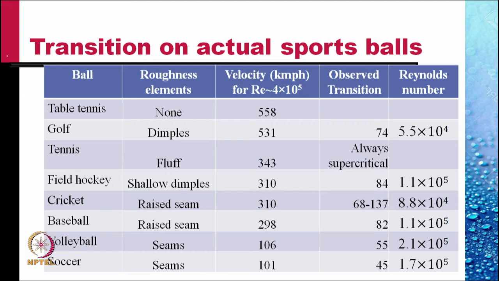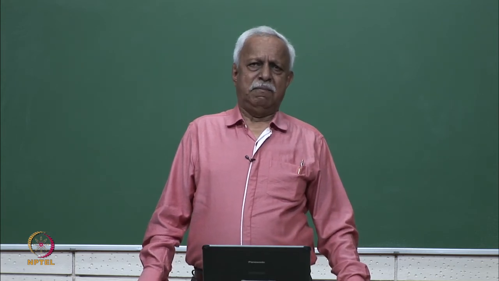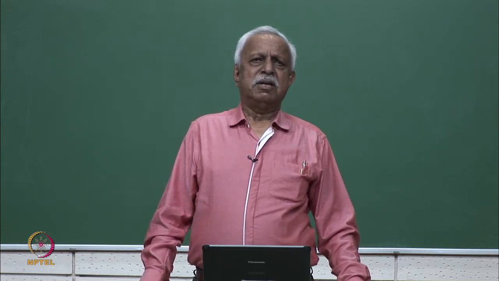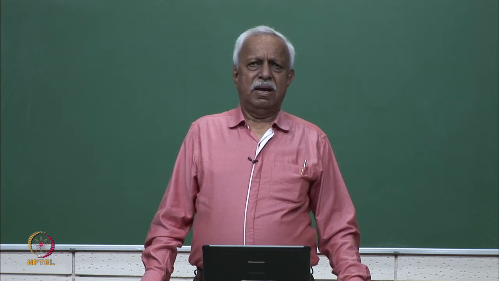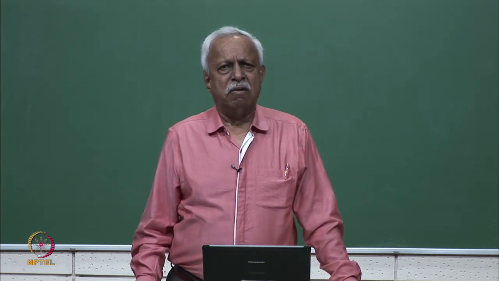Baseball at about 92 kilometers per hour, it also has raised seams, but different from a cricket ball. Cricket ball is the only ball with an equatorial seam. Baseball does not have an equatorial seam. Volleyball, the different patches are seamed together, and that gives roughness, and the transition takes place at about 55 kilometers per hour.